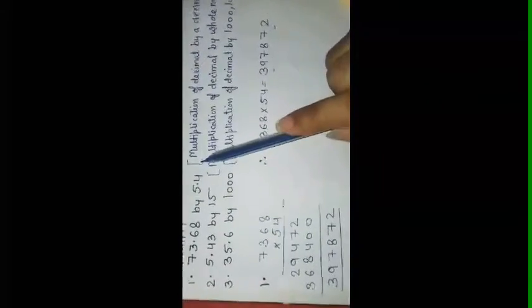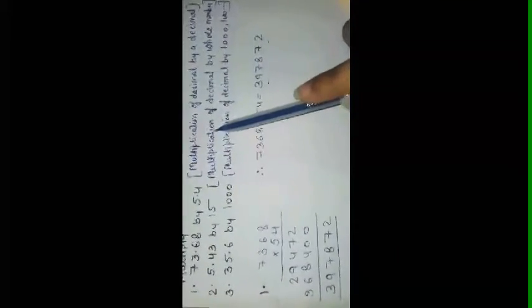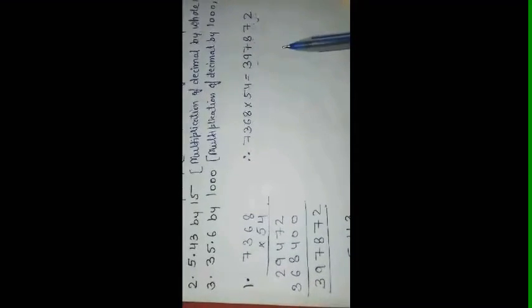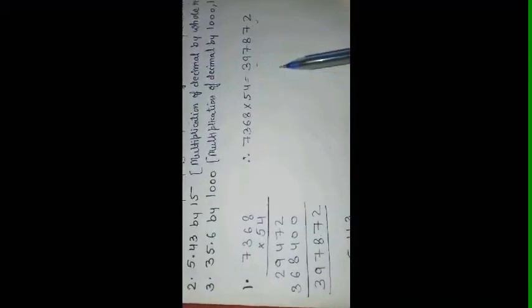First, multiplication of decimal by a decimal. Here, in multiplication of decimal by a decimal, we need to follow some steps. In the first step, forget about the decimal point and multiply the numbers, as we multiply whole numbers.